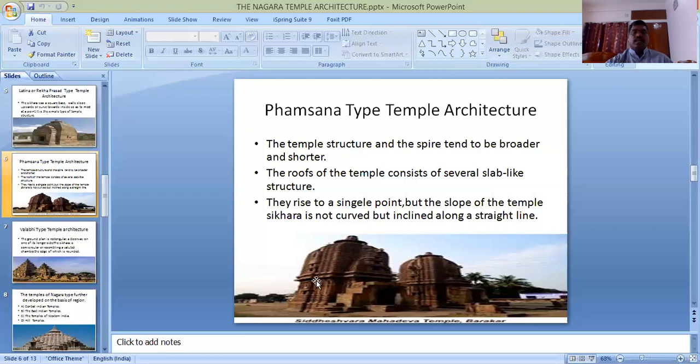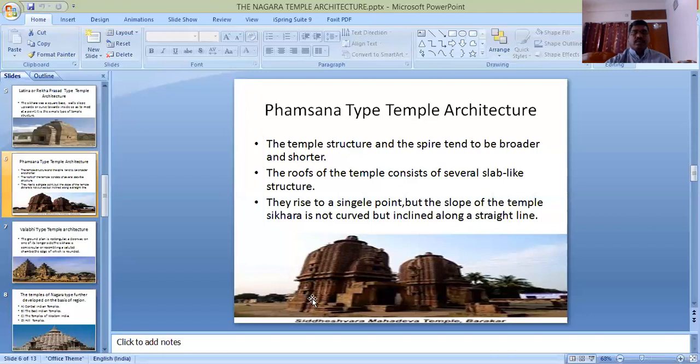That means the Vamsana type temple architecture is especially broader and shorter, and the roof of the temple consists of several slab-like structures.